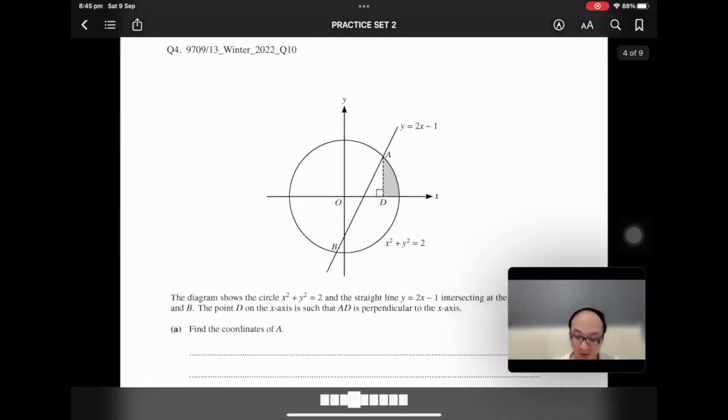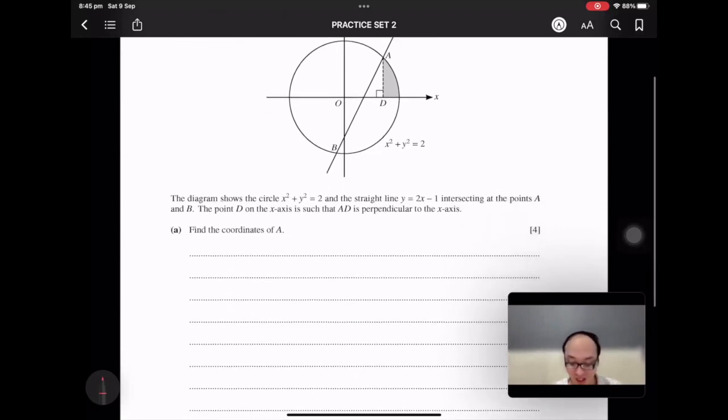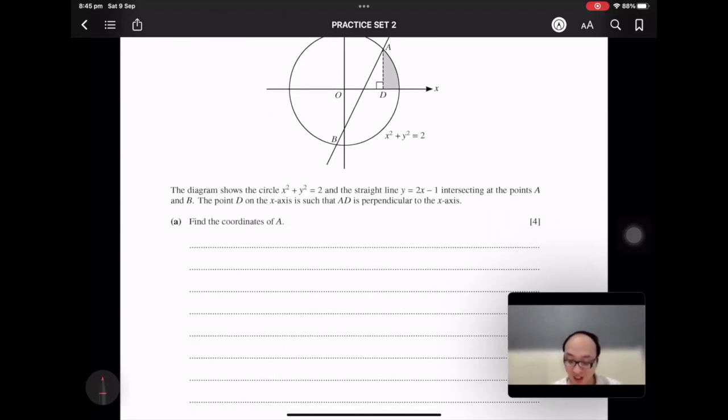Number 4. The diagram shows the circle and the straight line intersecting at points A and B. The point D is on the x-axis such that AD is perpendicular to the x-axis. Find the coordinates of A. The coordinate of A will be the intersection between the circle and the line.